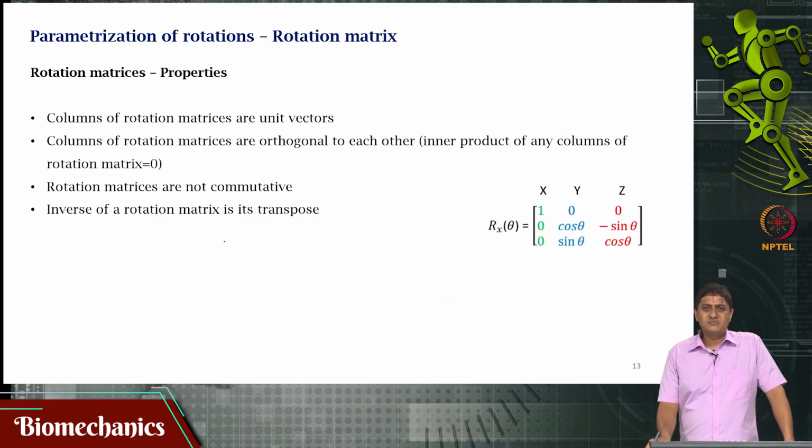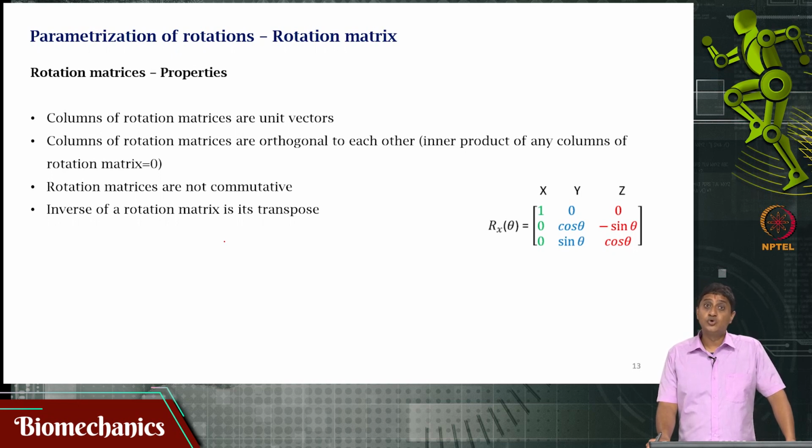It turns out that rotation matrices have some very interesting properties, right. We mentioned this in one of the early slides on the rotation matrix itself, that the columns of the rotation matrix are unit vectors, that they are essentially orthonormal, they form an orthonormal basis.